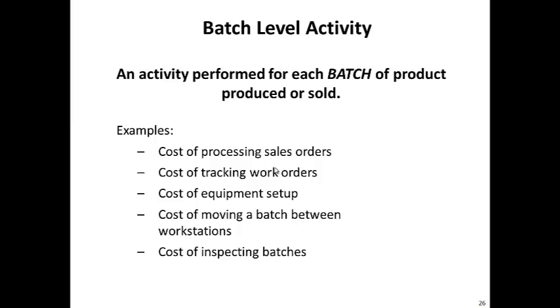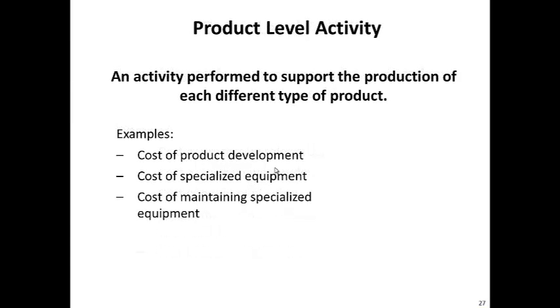We move up a further level, and now we have product level activity, an activity performed to support the production of each different type of product. Examples would be the cost of product development, the cost of specialized equipment to produce that product, and the cost of maintaining that specialized equipment. And obviously these are examples; they are not limited to these items.